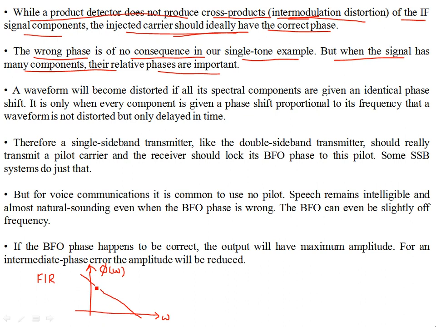If you take the gradient of this line, an associated quantity known as tau g of omega, which is defined as the negative gradient, minus d phi by d omega, is constant.